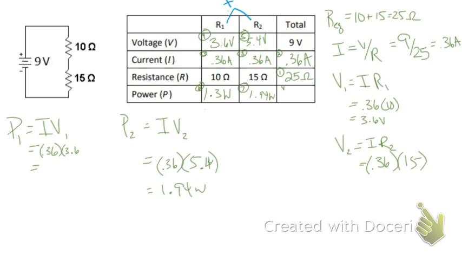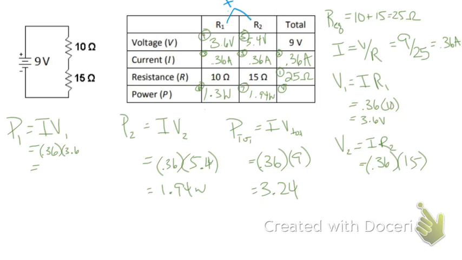We can do the same thing for the total power. So P total is equal to I V total, 0.36 times 9 volts. That'll give you 3.24. Now, when we say total of something, right? That means add it up.